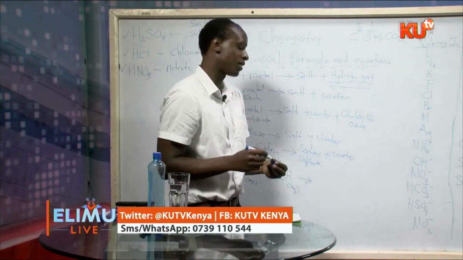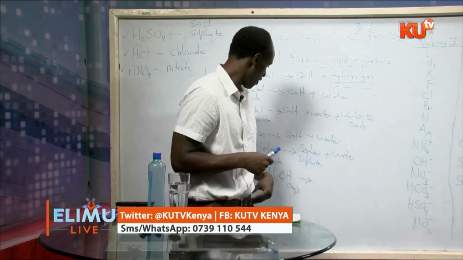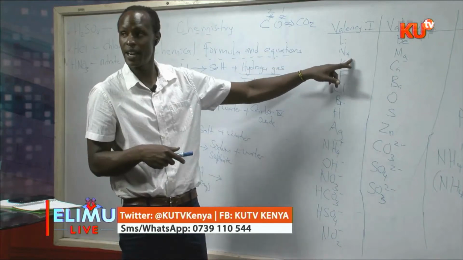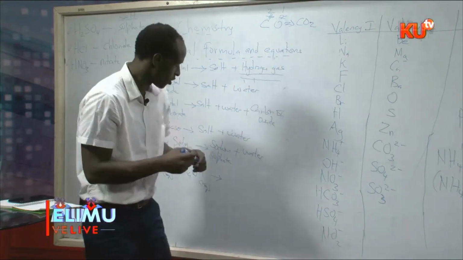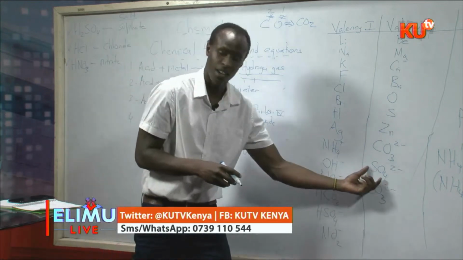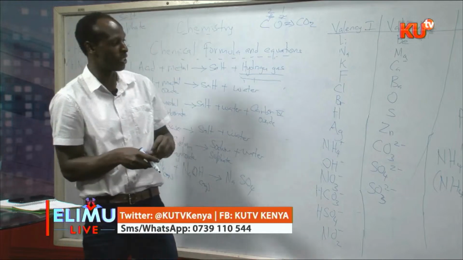You get sodium sulfate. So if you have sodium sulfate now, what's the valency of sodium? The symbol of sodium is Na. Then what about sulfate? SO4. Valencies you have to interchange.